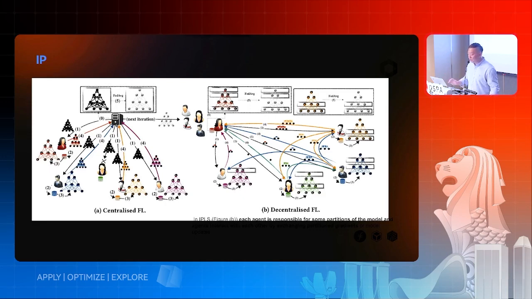to create a model with a holistic view. In the second part, every agent is responsible for some parts of the model. This is more like the aggregation of different weights, and these different individuals start training. But other than that, they do a round trip.